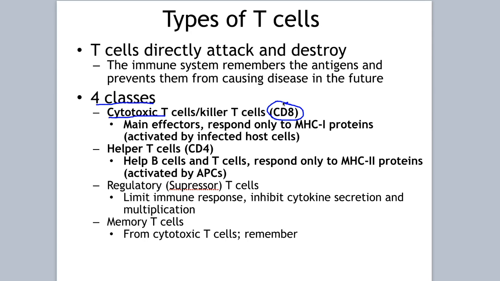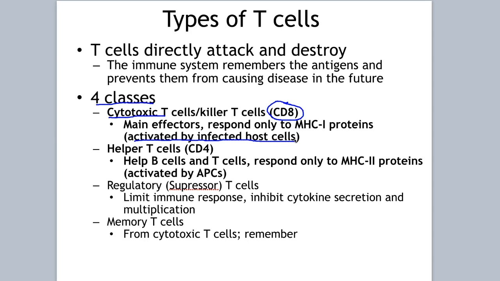Okay, so these CD8 cells, these are the main effector cells. These are like the main killer cells of all of the T cells. They actually have the ability to destroy infected host cells. Okay, and they can become activated. When a T cell is activated, this means it has seen a foreign antigen. It's reacted to a foreign antigen. It's reacted to a pathogen.